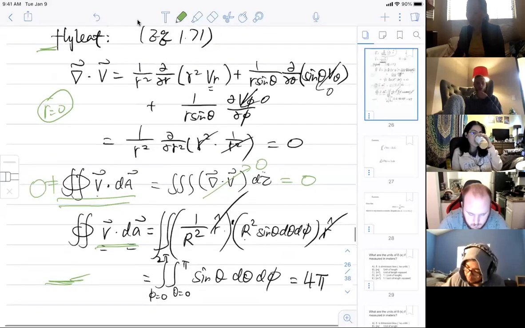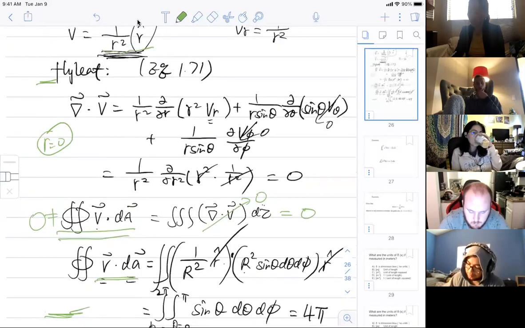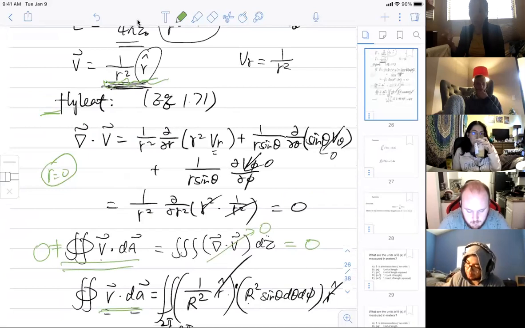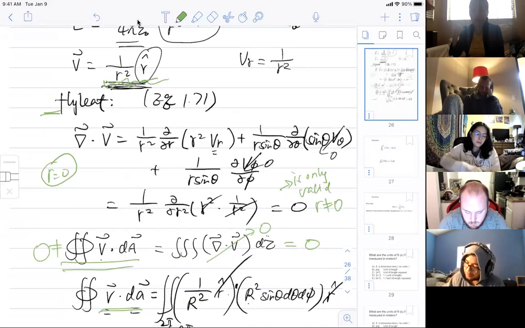However, at R equals 0, this expression needs to be treated carefully because it blows up at that location. So we kind of hand-waved it by canceling 1 over R squared with R squared. So R equals 0 doesn't enter into the picture here, but it doesn't mean we can ignore that point. This calculation is only valid at R not equal to 0.